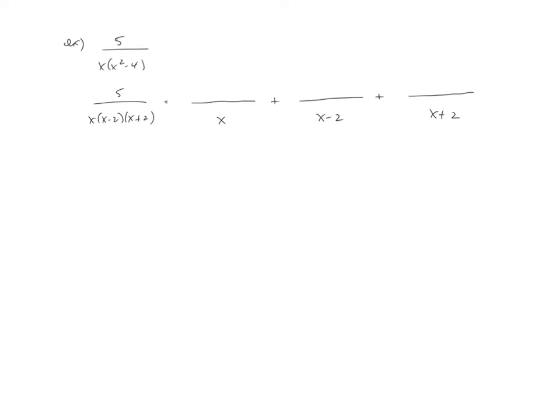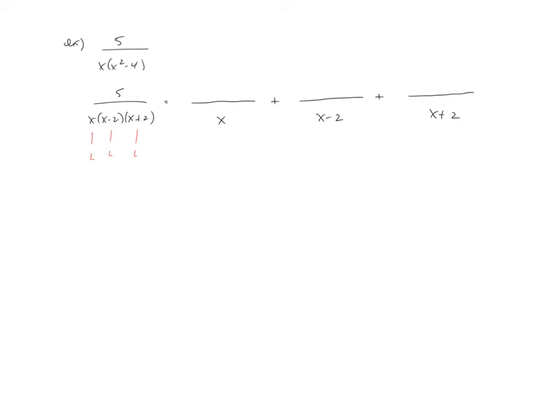Now, when we see something like an x, that is a linear factor, an x to the first. That's going to be linear, that's going to be linear as well. So all of these are linear. For these things to be proper fractions, we need something smaller on top than on bottom. The only thing smaller than a linear function would be a constant.